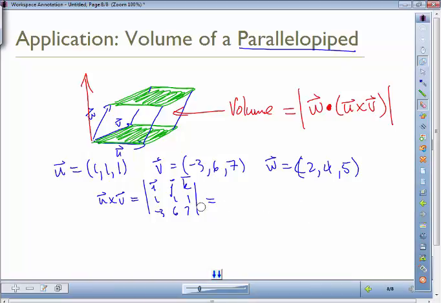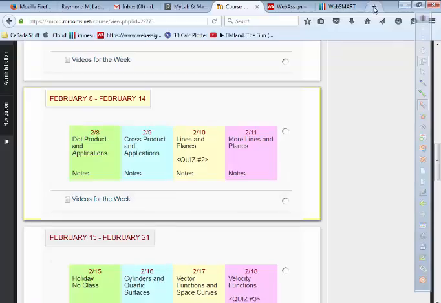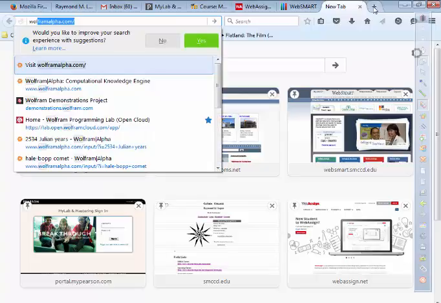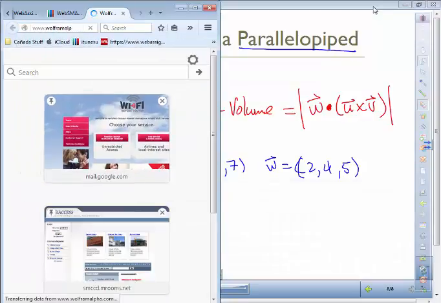All right, so can somebody do a cross product real quick? Let me see if you're faster than Wolfram. I have to type it in.